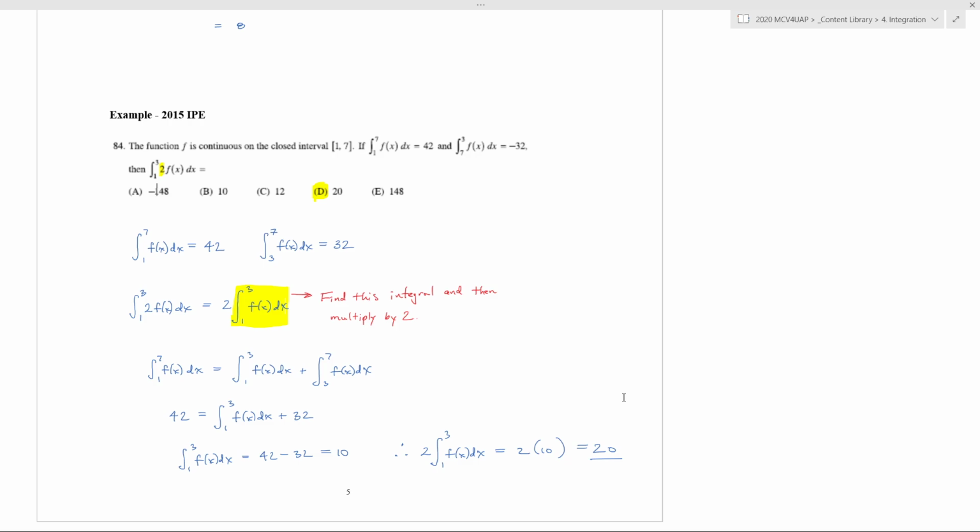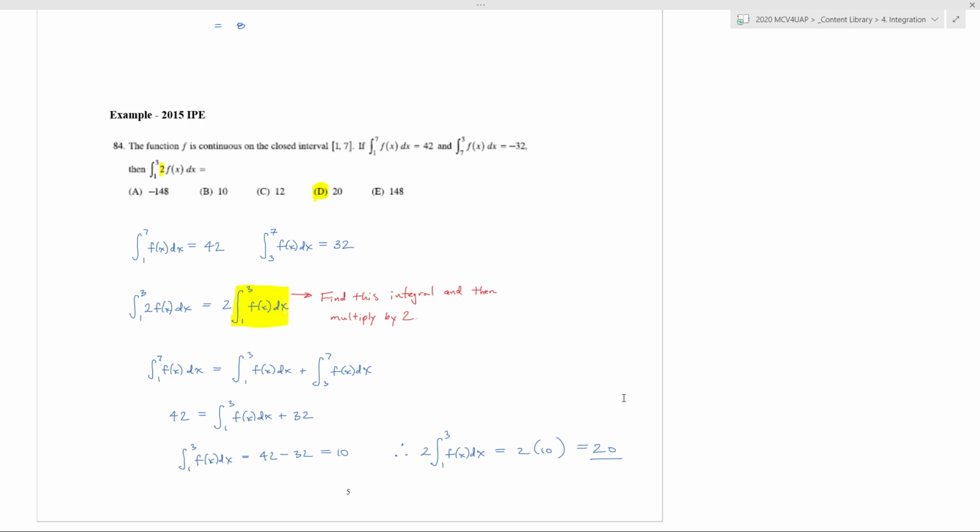So now we can move the 32 over to the left-hand side, and we get that the integral from 1 to 3 of f of x dx is just 42 minus 32, which is 10. So the integral from 1 to 3 of f of x dx is equal to 10.